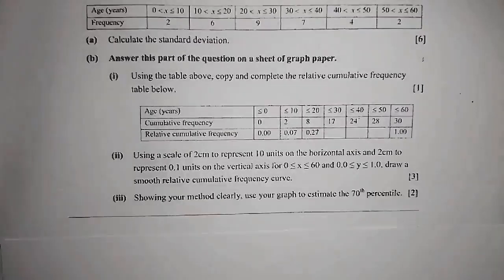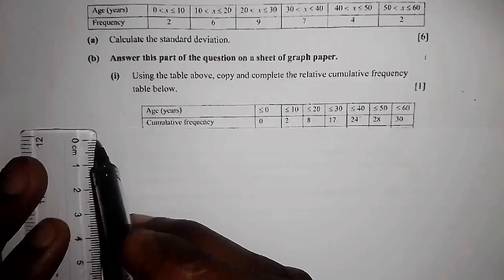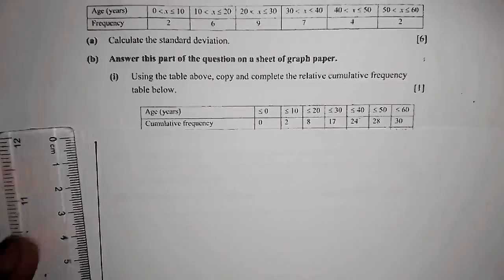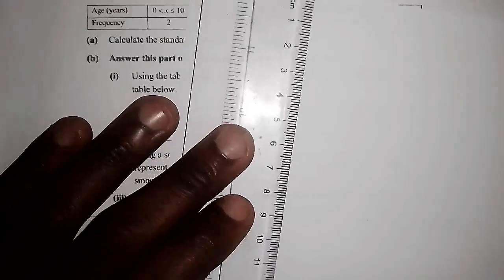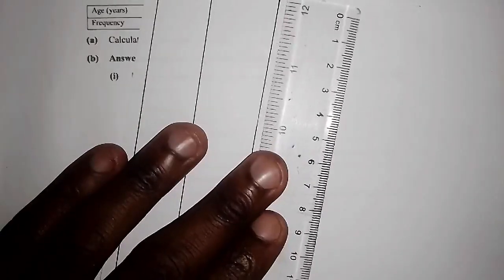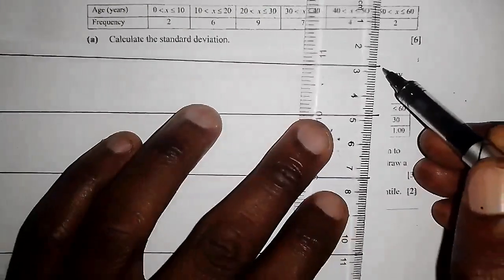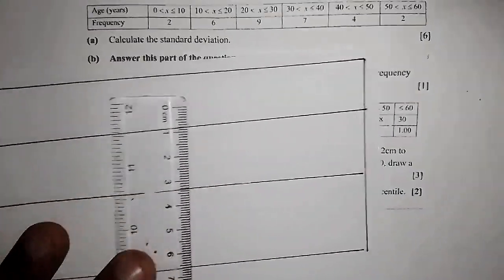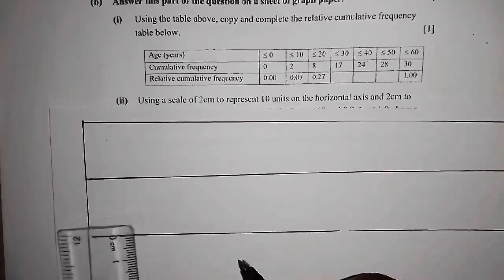So we have three sort of boxes. On this one, I'm just trying to copy this diagram, this second one.